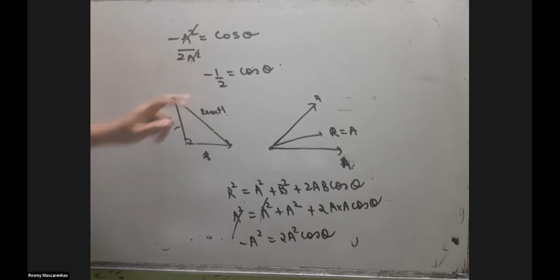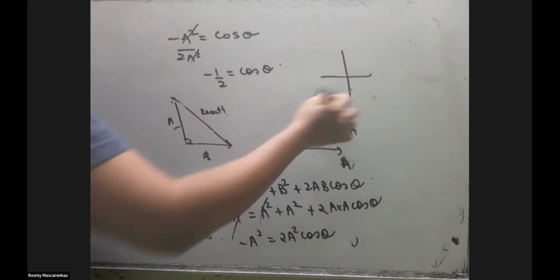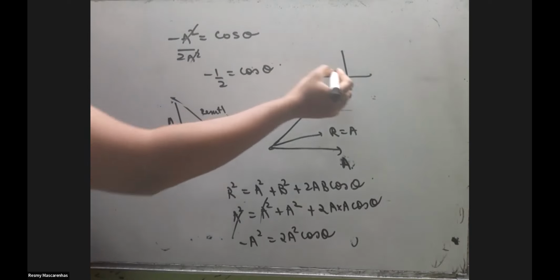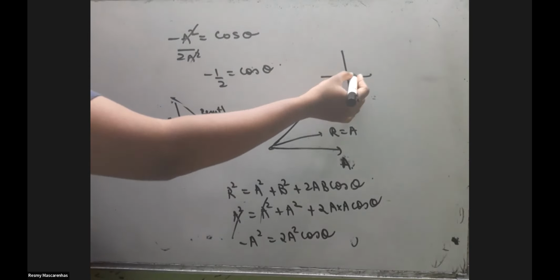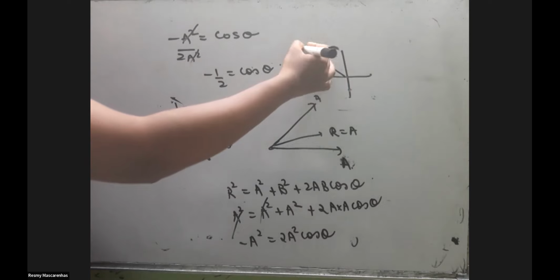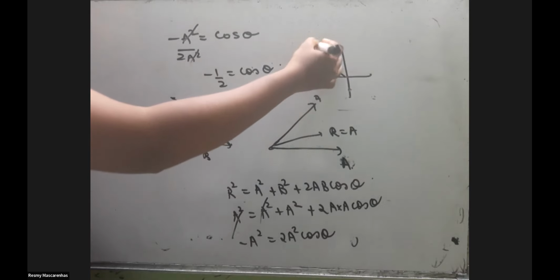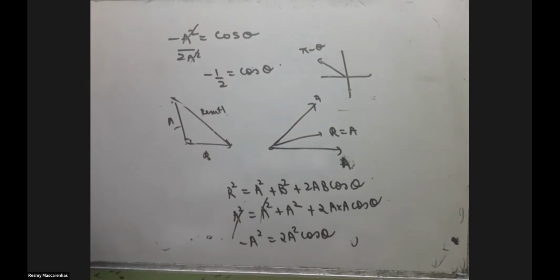But whenever you have negative, you have to check in which quadrant it is negative. Okay. Remember, whenever you want to find negative answers, cos is negative in the second quadrant. In second quadrant, it is always pi minus theta.